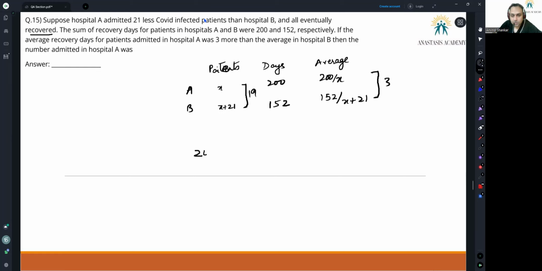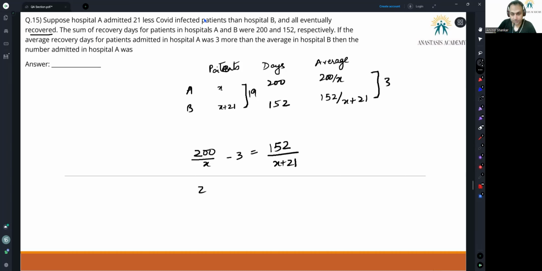Then I get to 200 by x. A had 3 more, no? Minus 3 is equal to 152 by x plus 21. Let us make a quadratic out of it.